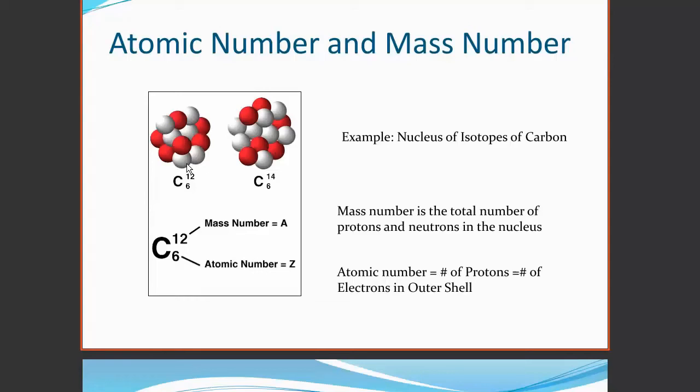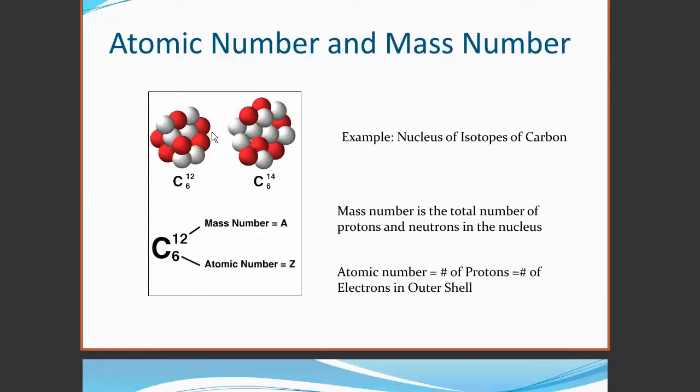What I mean to say is that each Avogadro number, which is 6 times 10 to the 23, of protons will have a mass of 1 gram. Similarly, 6 times 10 to the 23 neutrons would also weigh 1 gram.